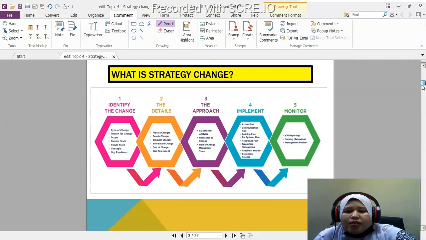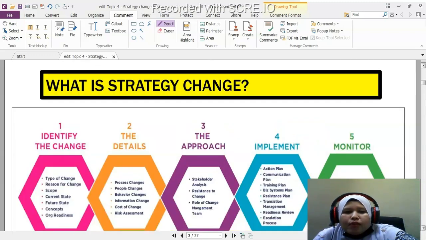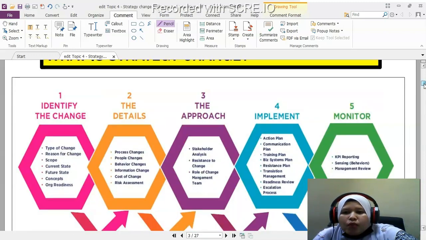What is the strategy change? If we want to change, for example, the management itself, the first thing we must identify is the changes that we need to do. Types of change are based on the situation or reason of your changes, then current state, future state, concept or organizational readiness.